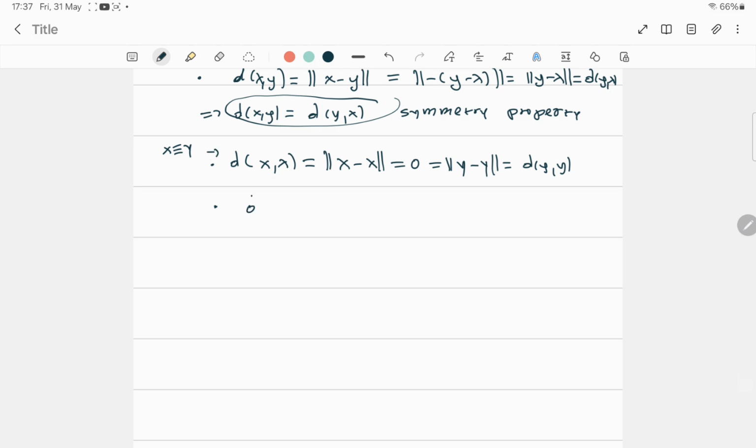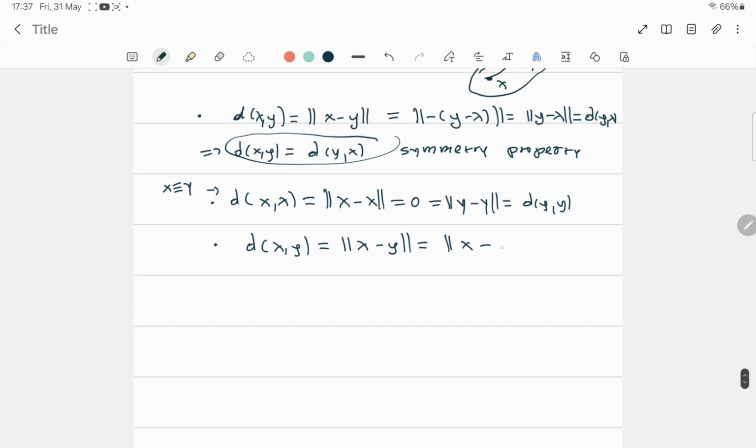The other property is the following. So it's the norm of x minus y. We can add and subtract an element z: the norm of (x minus z) plus (z minus w). Now we use the triangle inequality.